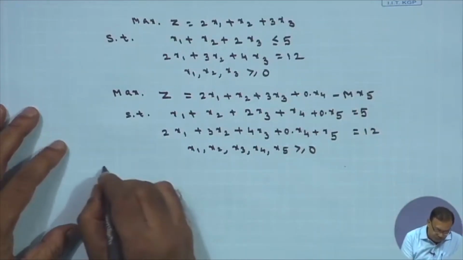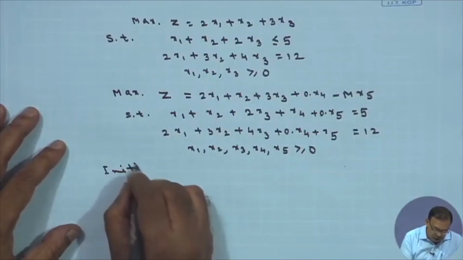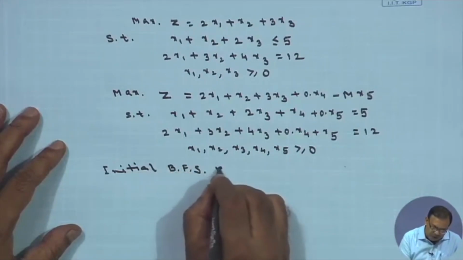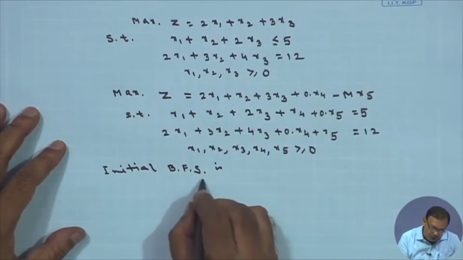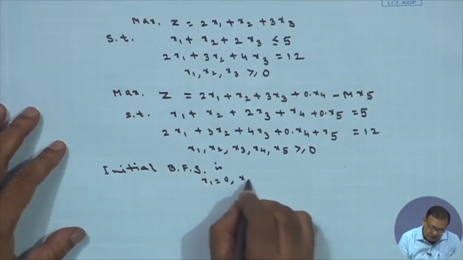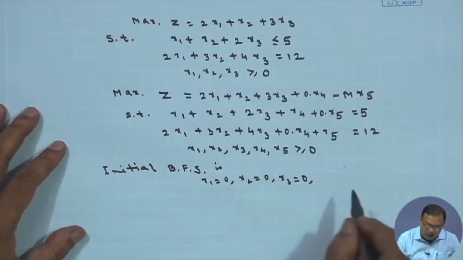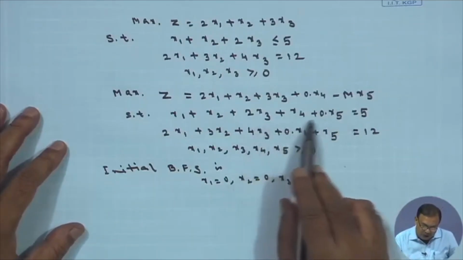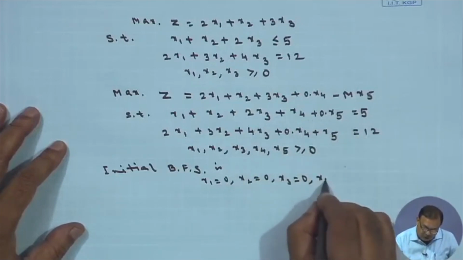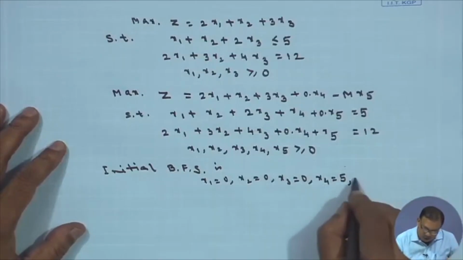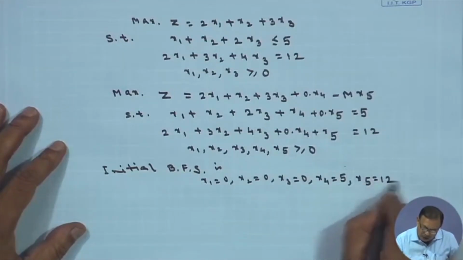So, your initial BFS, basic feasible solution, is that we make the initial variables x1, x2, x3 as 0. Once you make them 0, the first constraint is automatically satisfied, x4 will be 5, and from the second one your x5 will be 12.